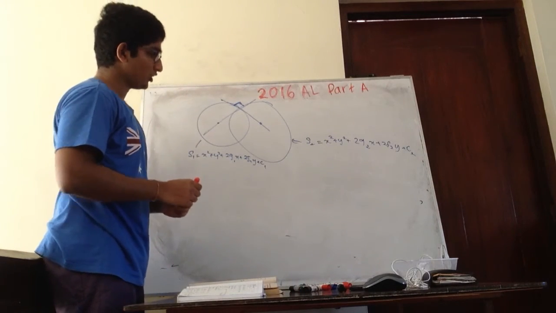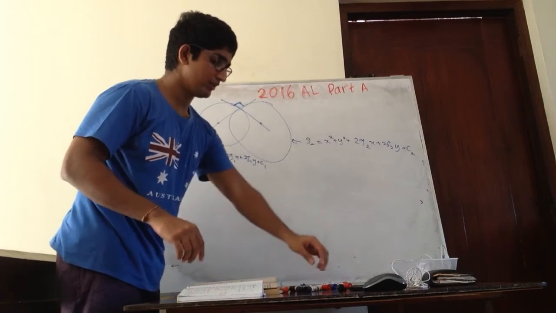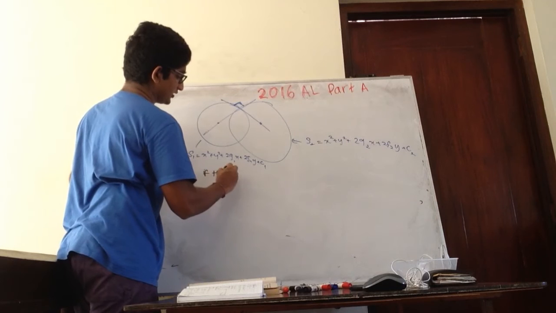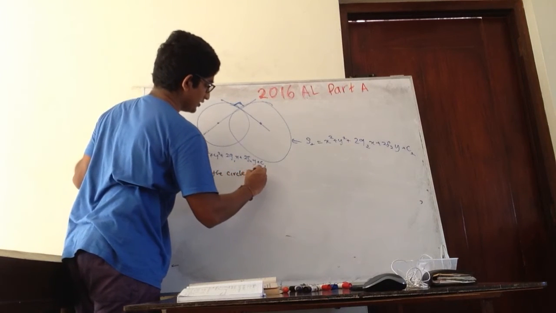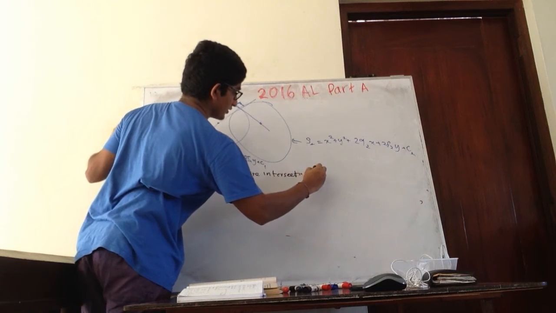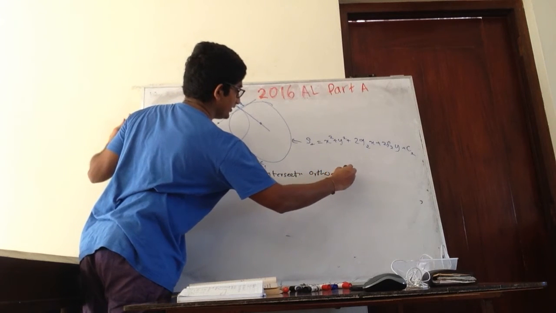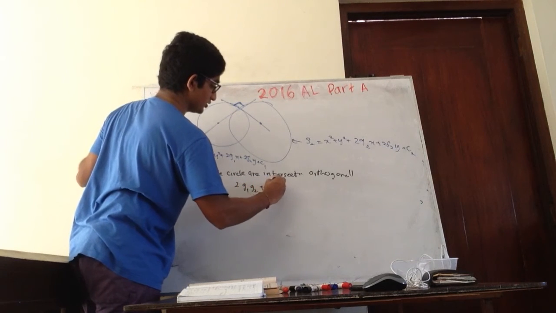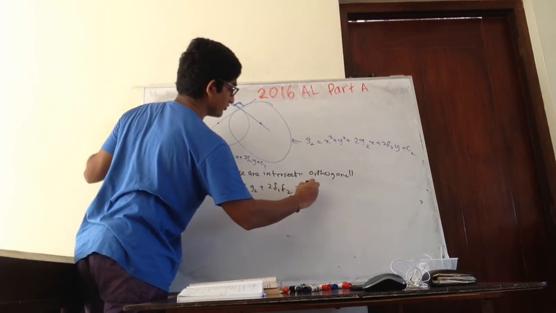Then we know that if the circles are intersecting orthogonally, 2g1g2 plus 2f1f2 is going to be equal to c1 plus c2.